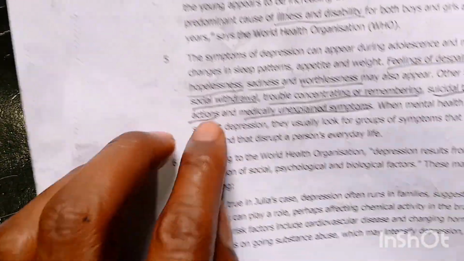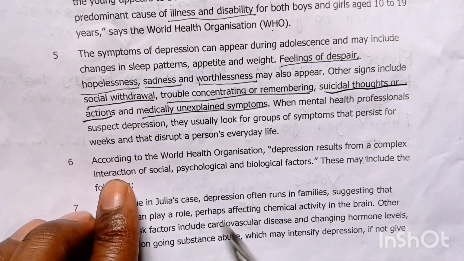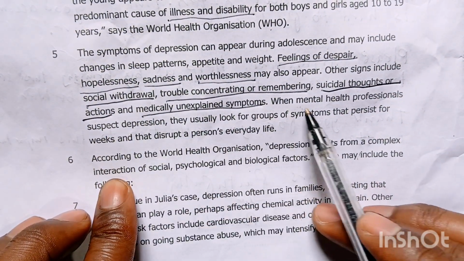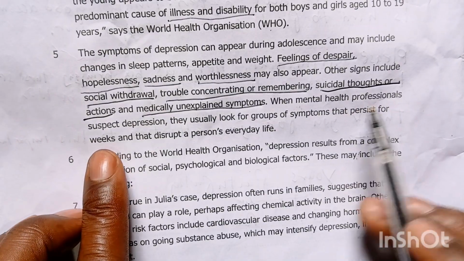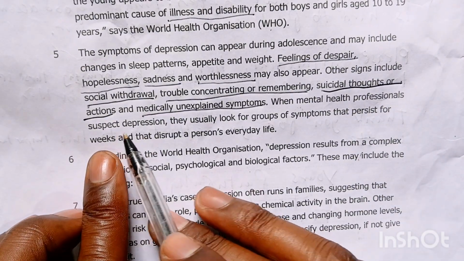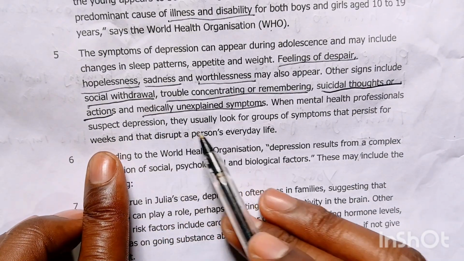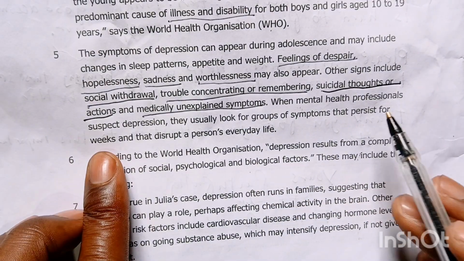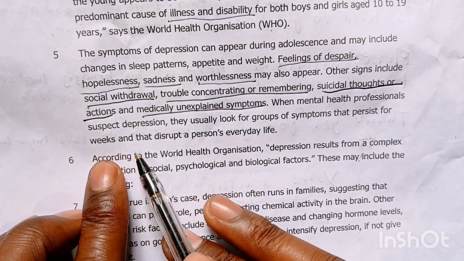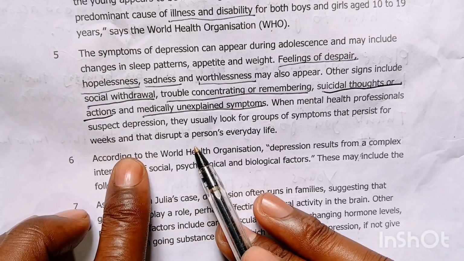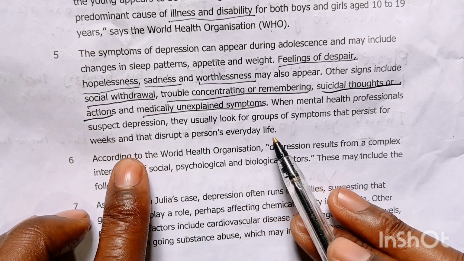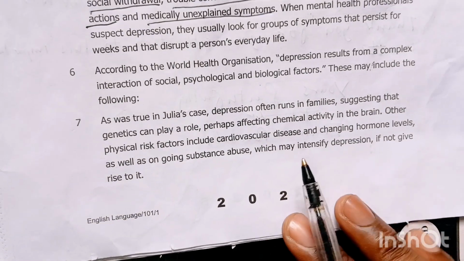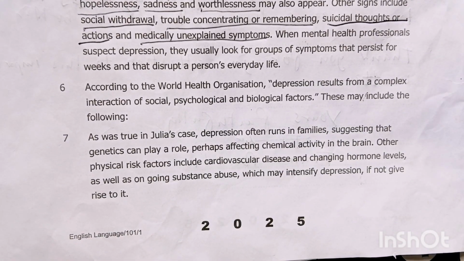So now, according to this paragraph, when mental health professionals suspect depression, they usually look for groups of symptoms that persist for weeks and that disrupt a person's everyday life. We are going now to paragraph 6.